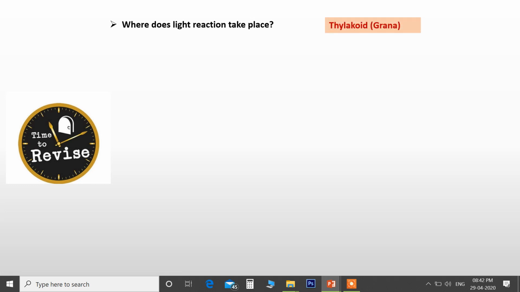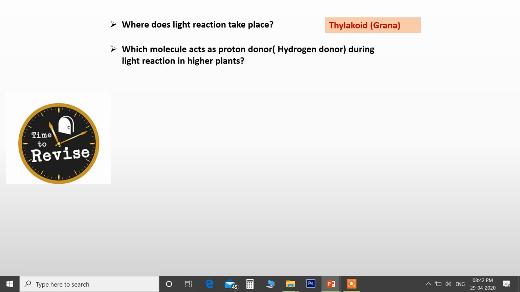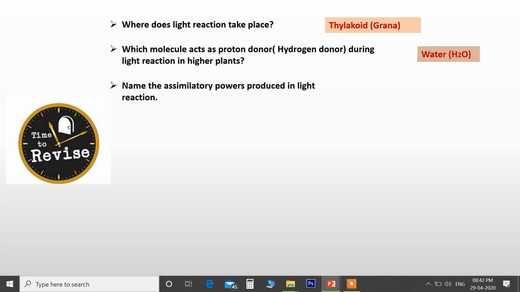It is in the thylakoid or grana portion of chloroplast. Which molecule acts as proton donor or hydrogen donor during light reaction in higher plants? It is water. Name the assimilatory powers produced in light reaction. It is ATP and NADPH.